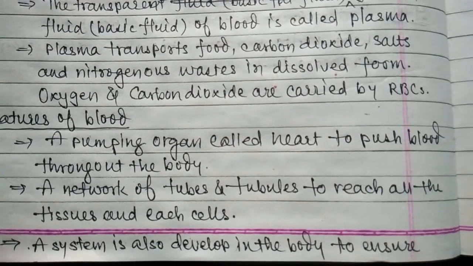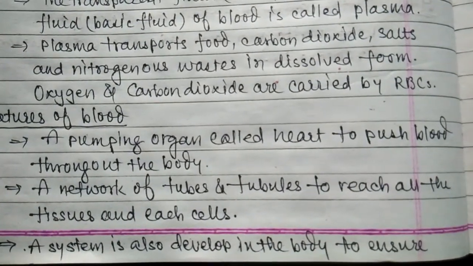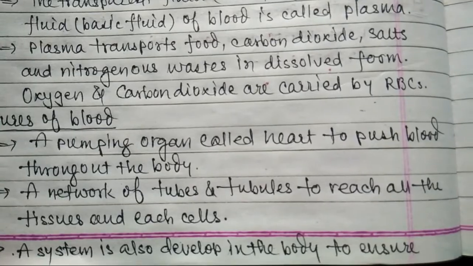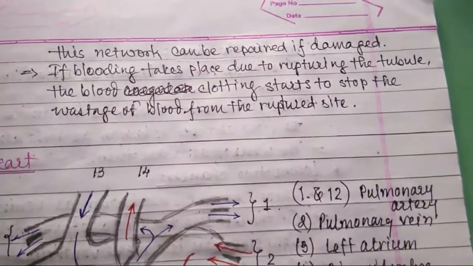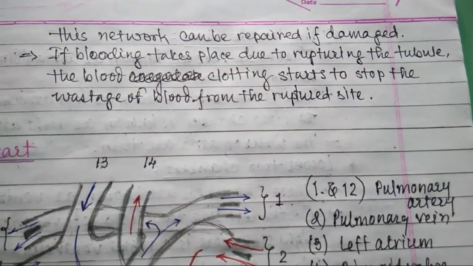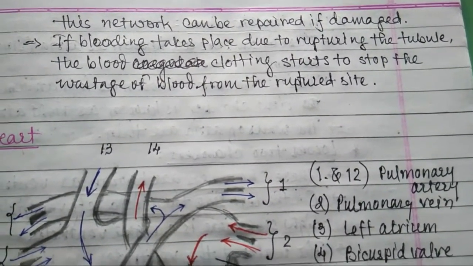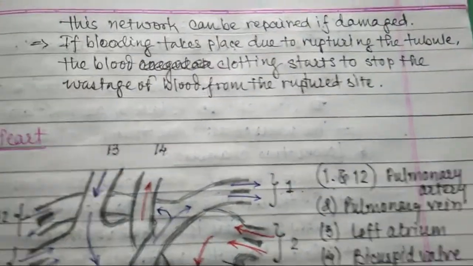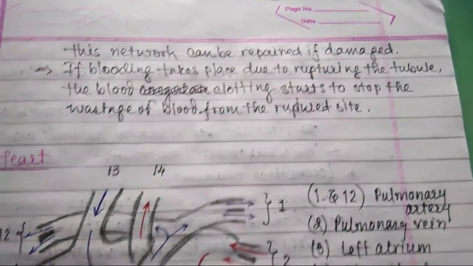Blood reaches each body cell through this network of tubes and tubules. A system is also developed in the body to ensure this network can be repaired if it is damaged. If bleeding takes place due to rupturing of a tubule, blood clotting starts to stop the wastage of blood from the ruptured side. This is the function of platelets.